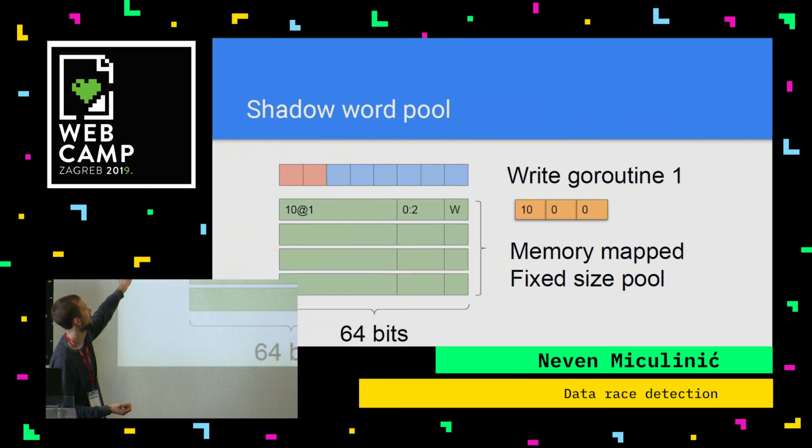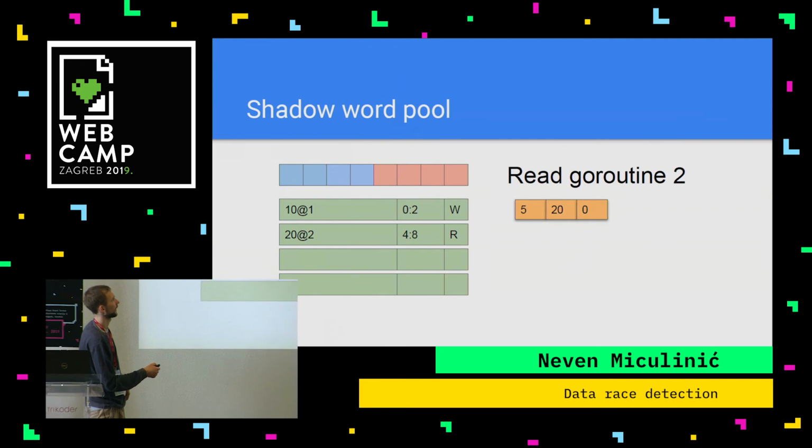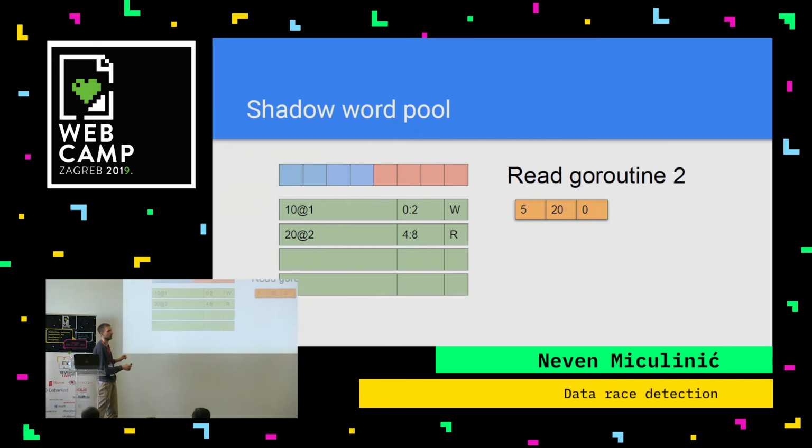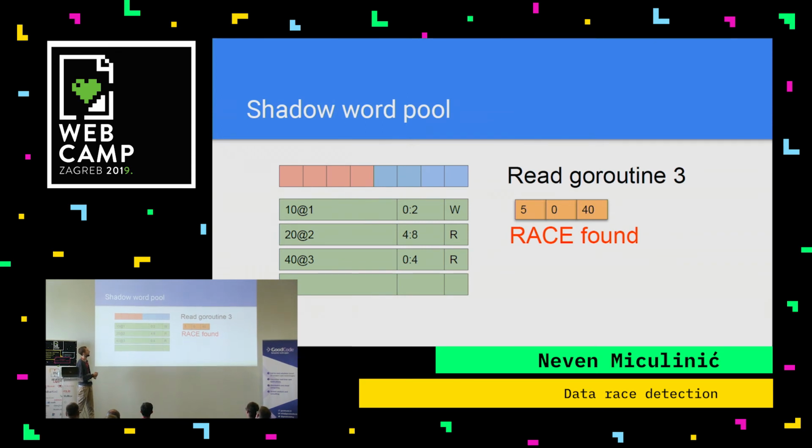So let's go over this example for this simple shadow word. So this is 8 bytes. First we write 2 bytes to the first 2 of this 8-byte chunk. We perform a read, everything happens, no data race is found, everybody's happy. But now we perform a read by goroutine 3.